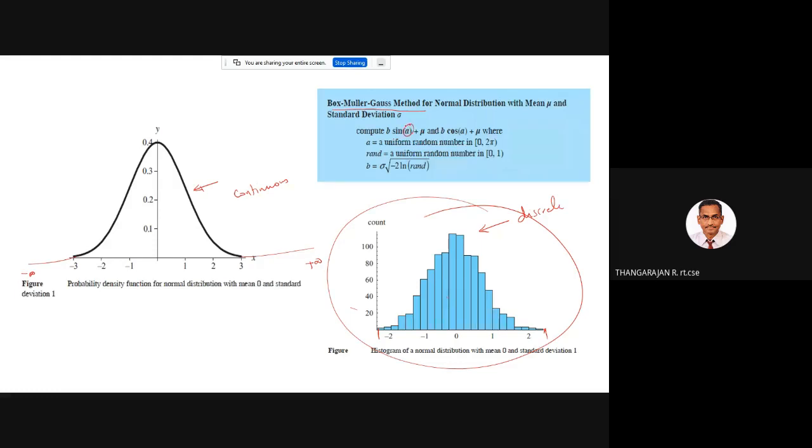Generating a uniform random number is not a problem because we have seen an algorithm. So using that uniform random number algorithm, we can generate a random number from a standard distribution. Okay. So that's what it is.